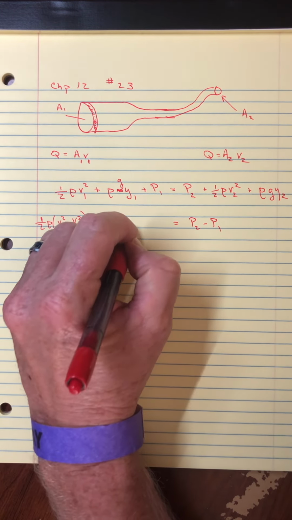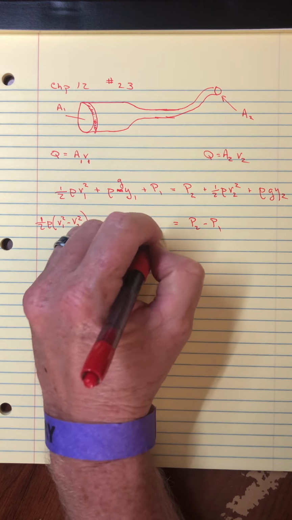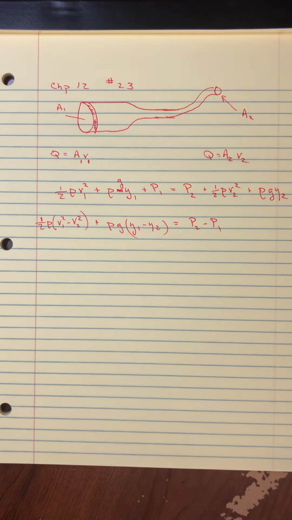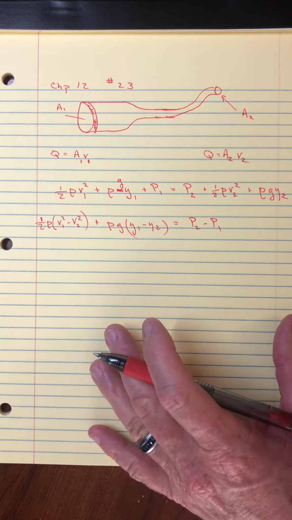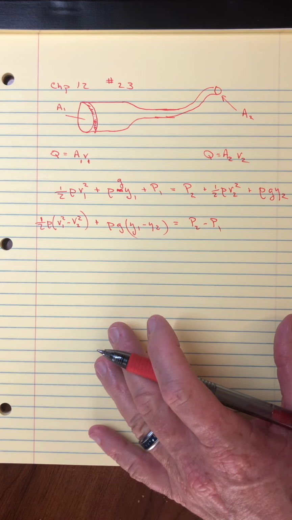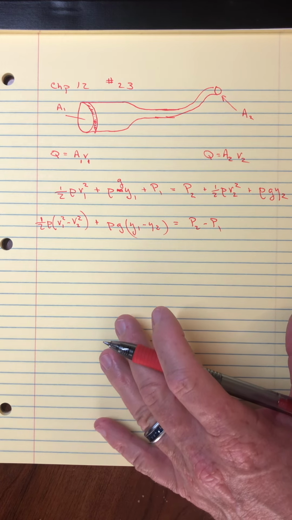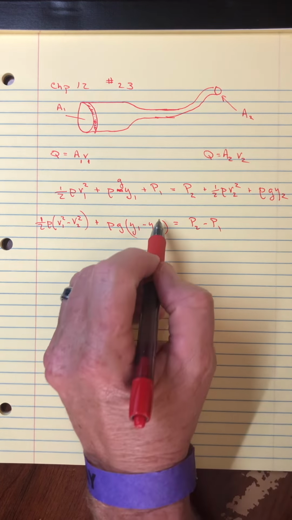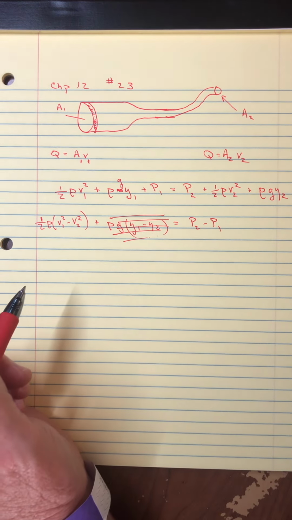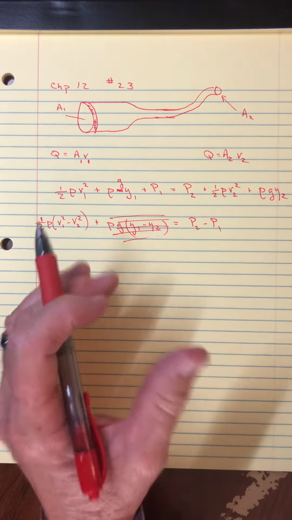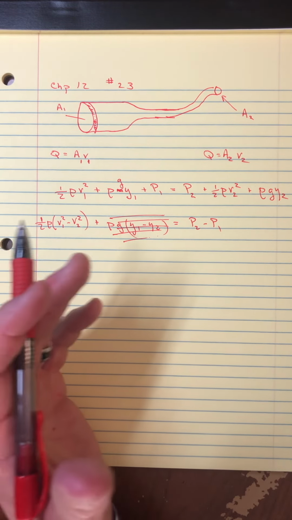Another reason would be a height change. Now, I think in this problem they're trying to make it really clear that this is not part of the problem, that we're not going uphill or downhill. They don't say anything about it.